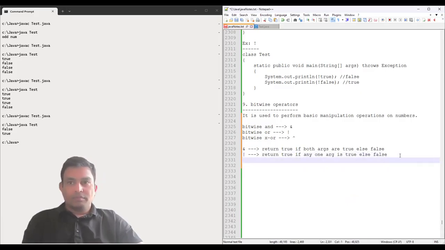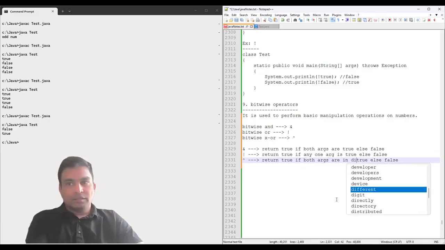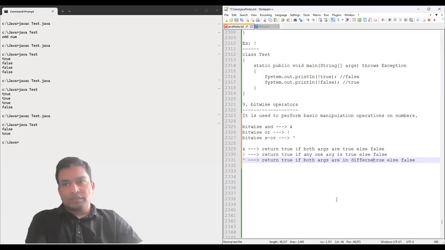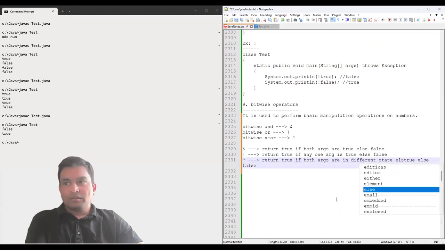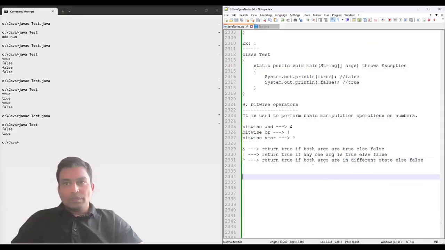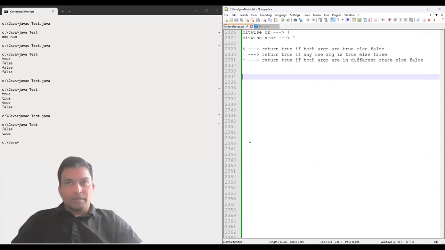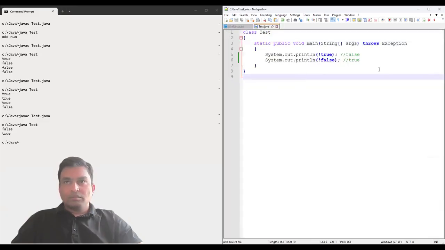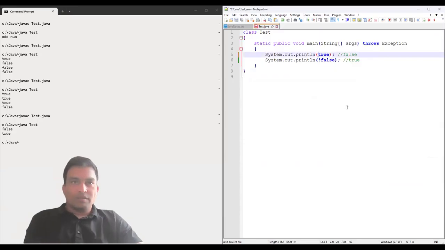And bitwise exclusive or, cap, returns true if both arguments are in different state, else false. We'll see with examples to get a better understanding. So let's begin with bitwise and.